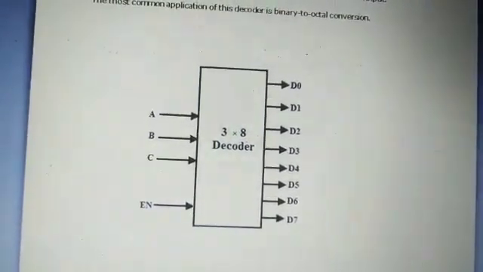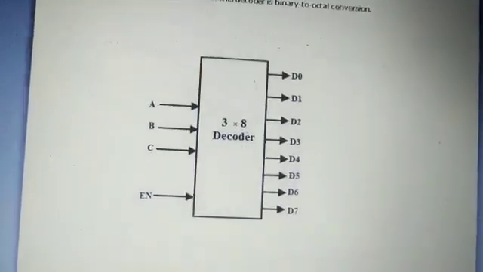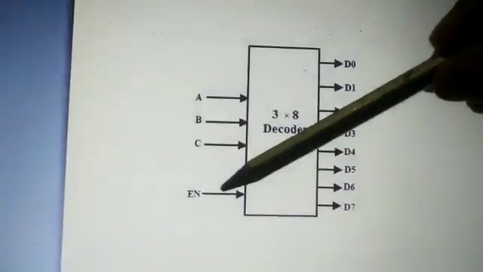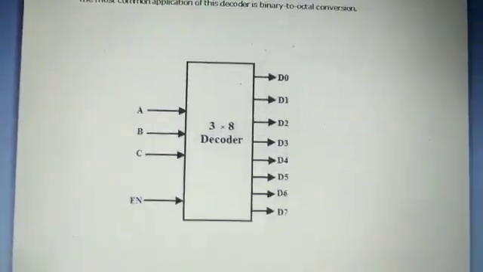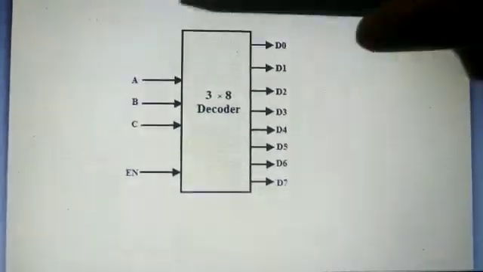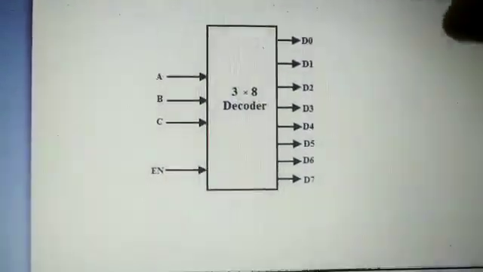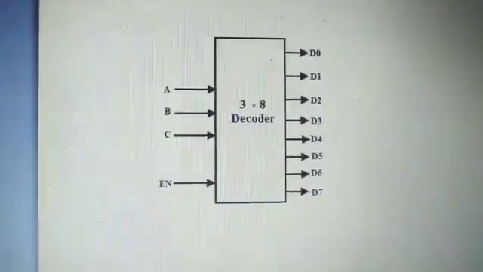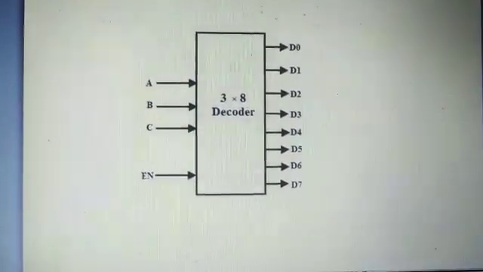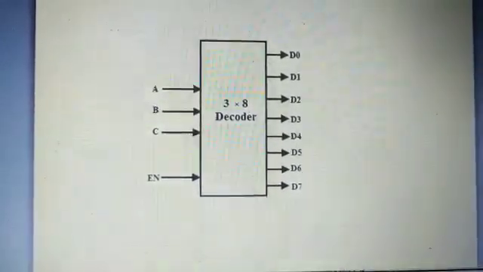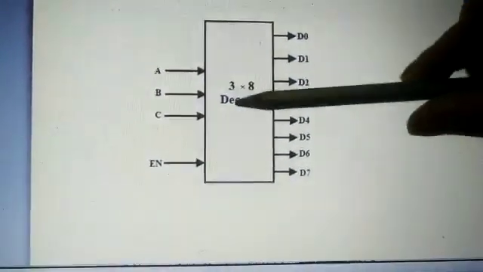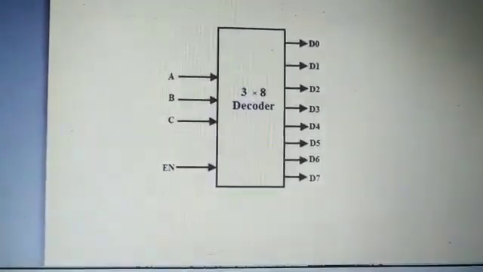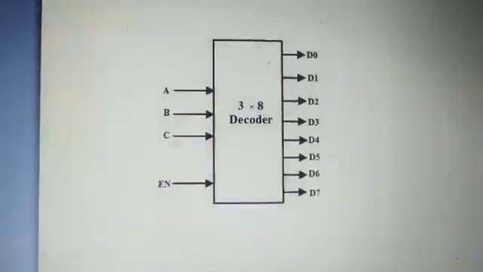Hence the decoder is enabled only if the enable is high. If you give a high signal in the enable input line, then only the total circuit becomes activated, and depending upon the 3 inputs, it will select one of the outputs. If you pass a low value in the enable input line, then this circuit will not be activated. You will not get any values.